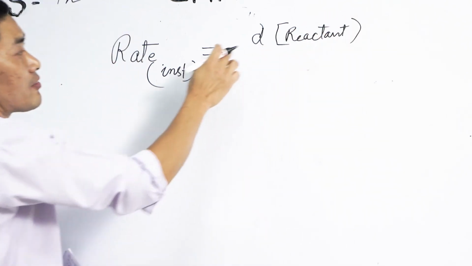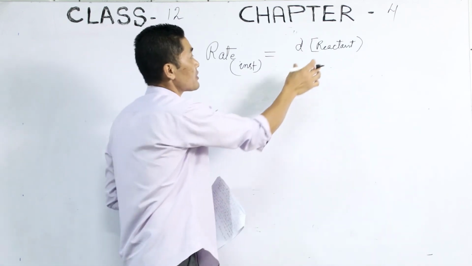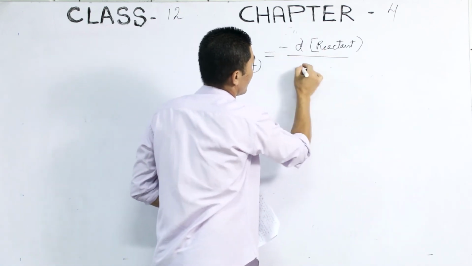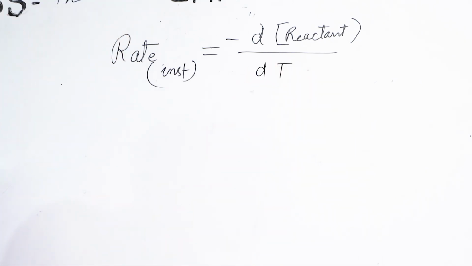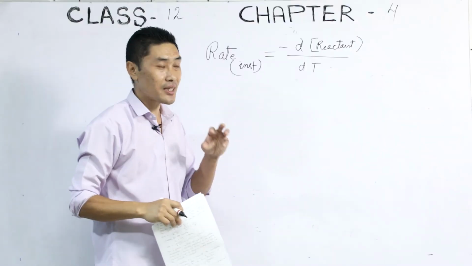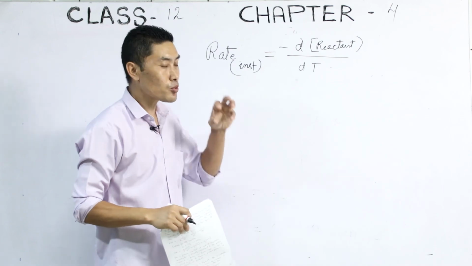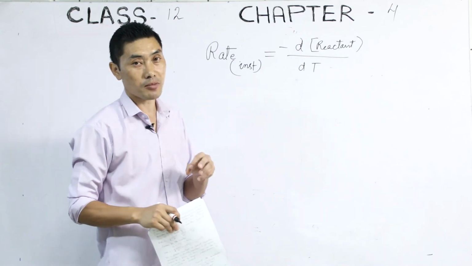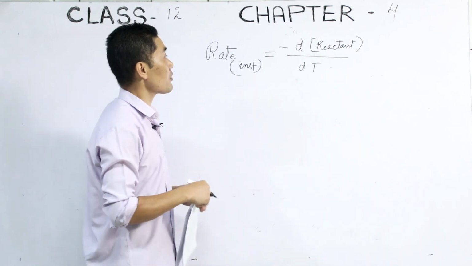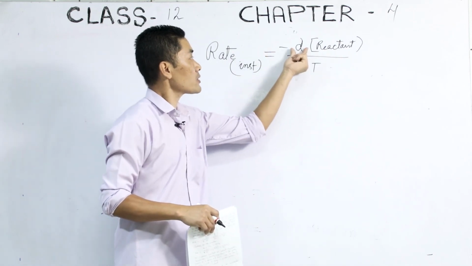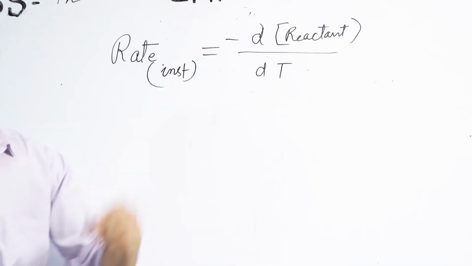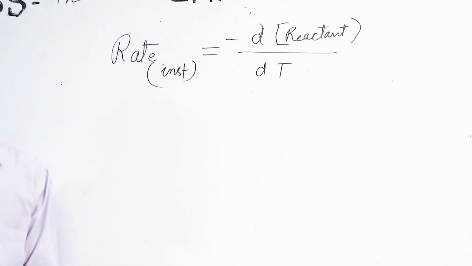This will indicate a very small change in concentration of the reactant by a very small change in time. So when we consider the average rate at the smallest time interval possible, that means when Δt approaches 0, which is represented by this sign, we get the instantaneous rate.